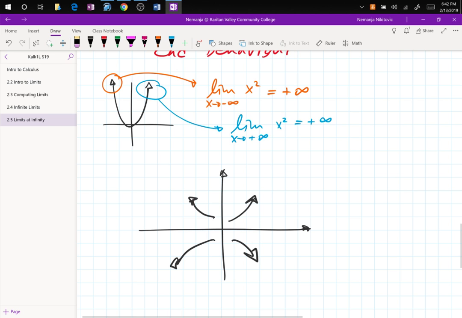So, to represent these 4 possibilities for end behavior of any function you can possibly draw, you would say limit x goes to positive infinity of f of x is positive infinity.